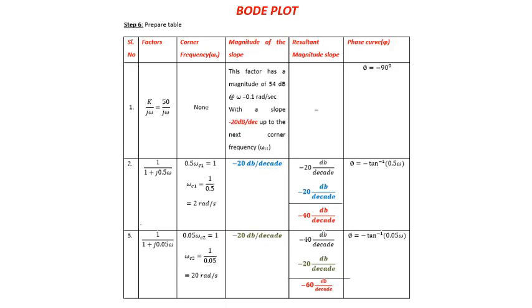Next we have to fill the next row where we take the next factor, that is 1 divided by 1 plus j 0.5 omega. Here we write 0.5 omega equal to 1, omega equal to 1 divided by 0.5, so hence it will be 20 radians per second. Okay, so we know this one is the second corner frequency, so we write here omega c2 and here c2.